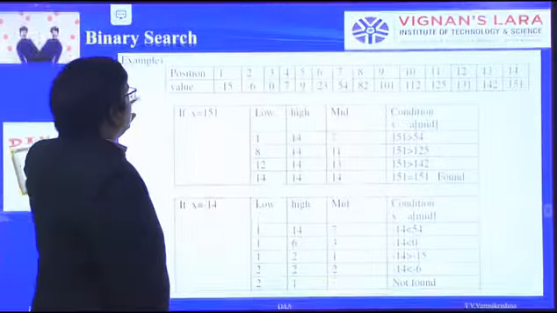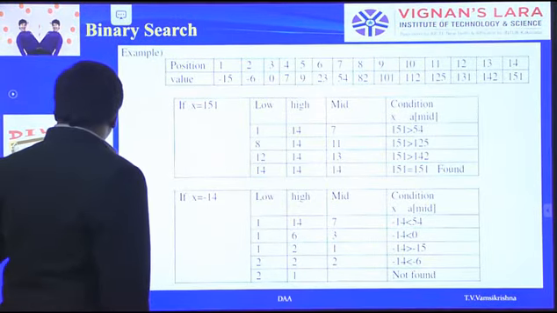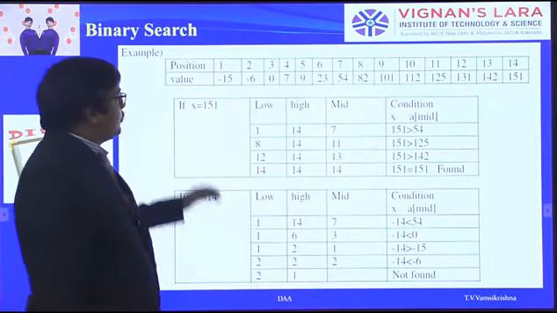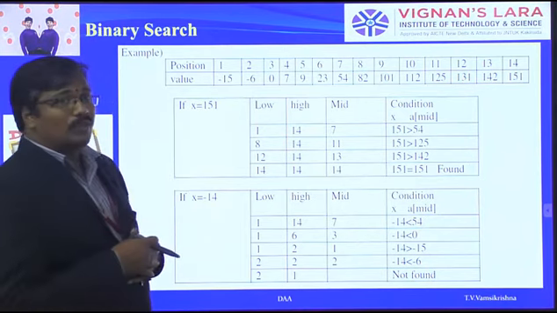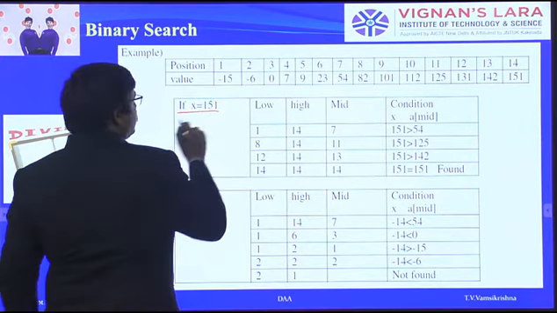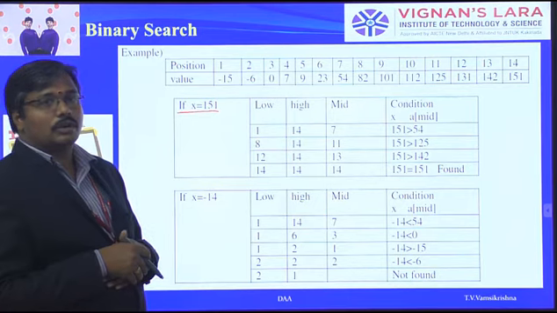Next, this is one beautiful example to understand clearly the concept of divide and conquer. Suppose 14 elements are given. In the first case, we need to check whether the element 151 is present or not.